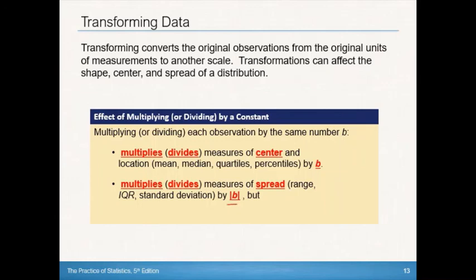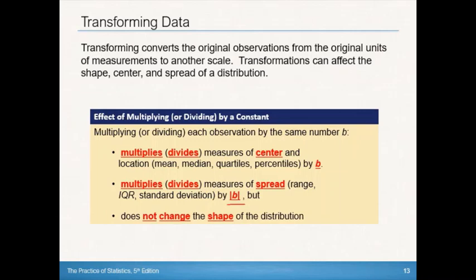In this case, you have to use the absolute value of B because measures of spread are always positive: standard deviation, range, interquartile range. Range is always the maximum minus the minimum, so it cannot be negative. Even if you multiply through by a negative number, the measures of spread would get multiplied not by B, but by the absolute value of B.